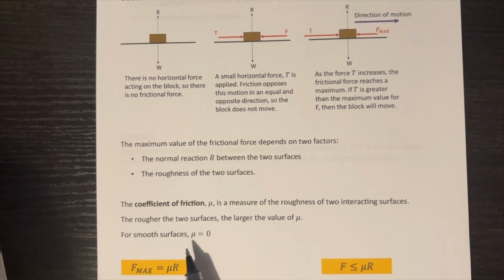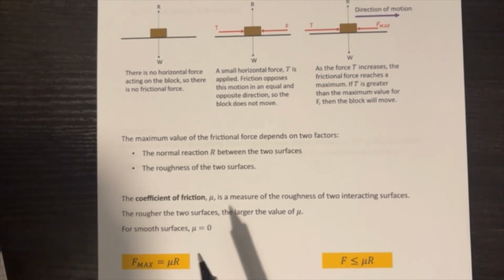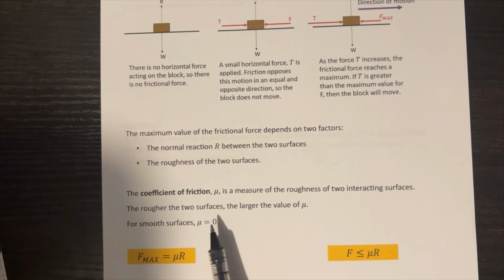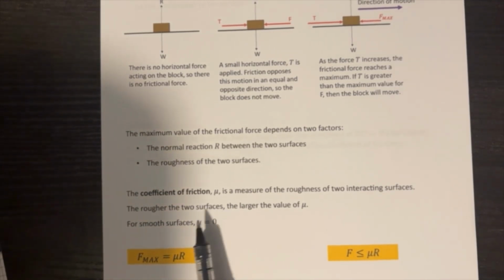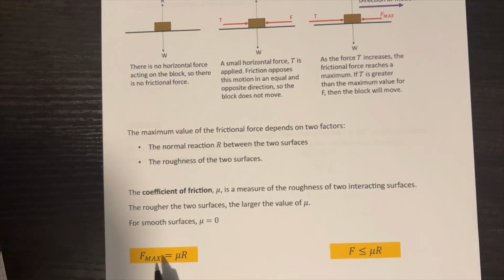For smooth surfaces, mu is equal to 0. Oftentimes when we're modelling with things like ice, one of the assumptions we make with that model is that mu is 0. In reality, there is a small amount of frictional force, but it would be very close to 0.